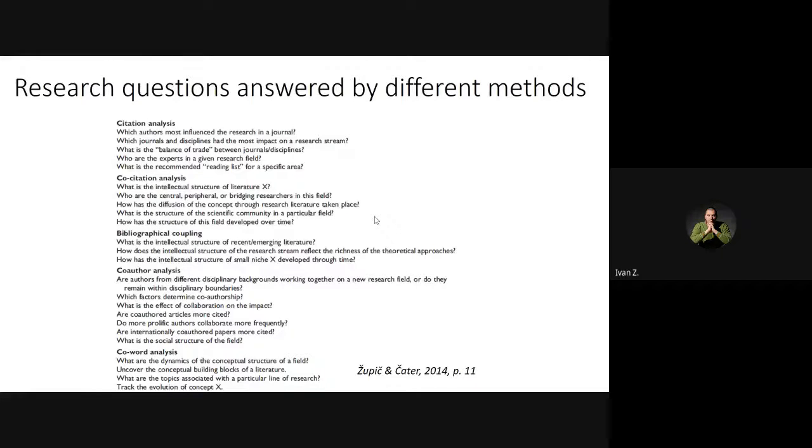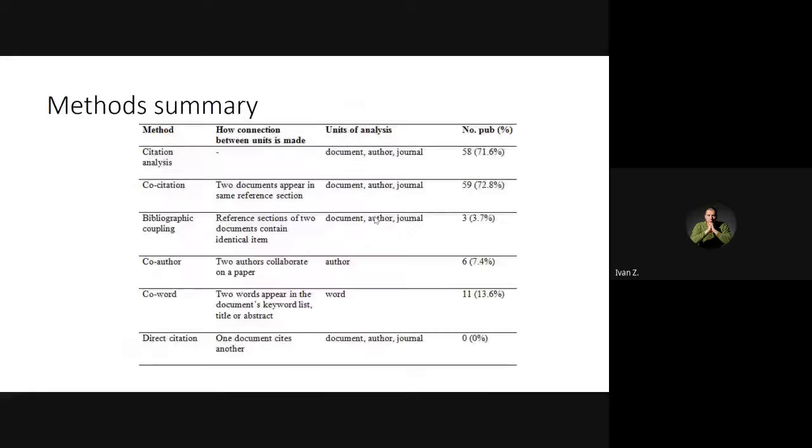With bibliographic coupling, maybe it's better to analyze more recent emerging literature, right? That you cannot do with co-citation analysis, and so on. So you have a number of examples of research questions that you can ask that can be answered by bibliometric methods.